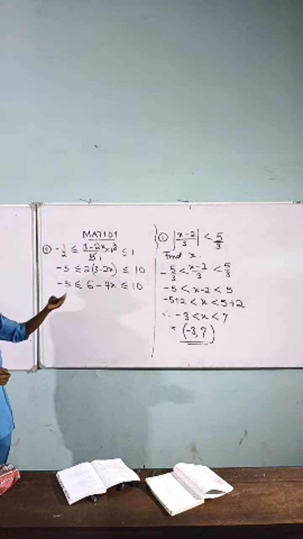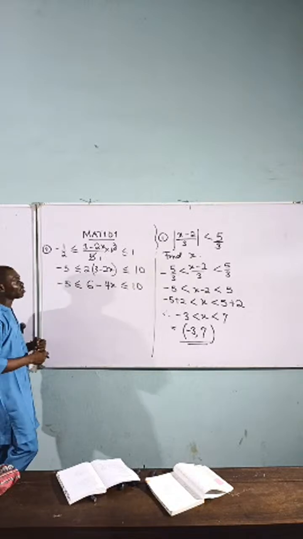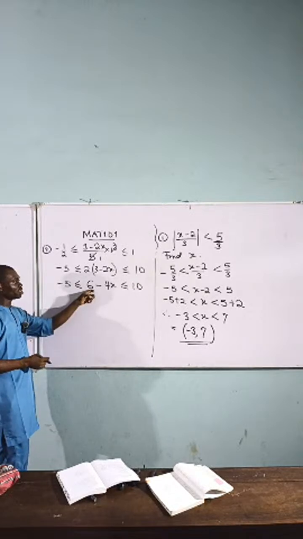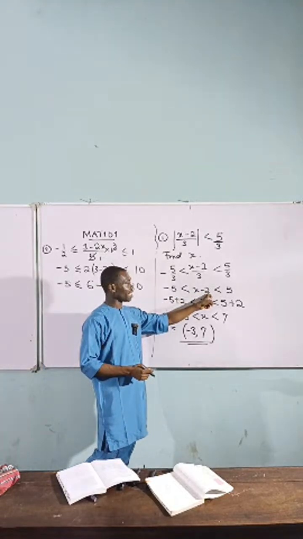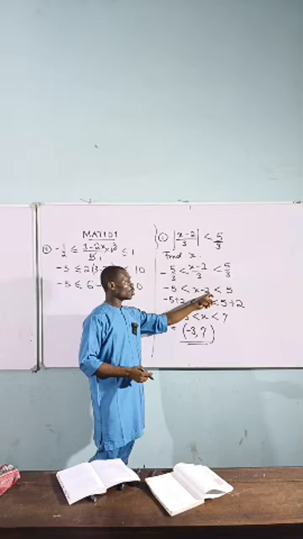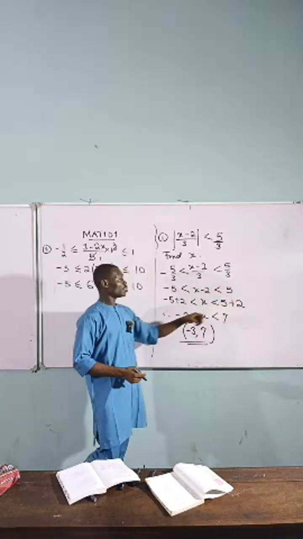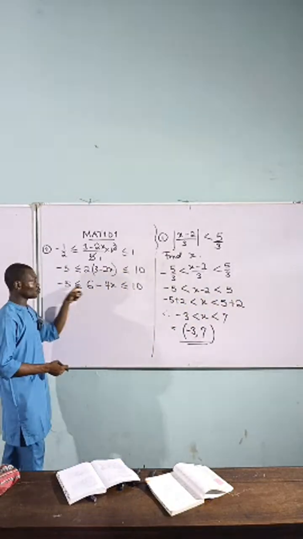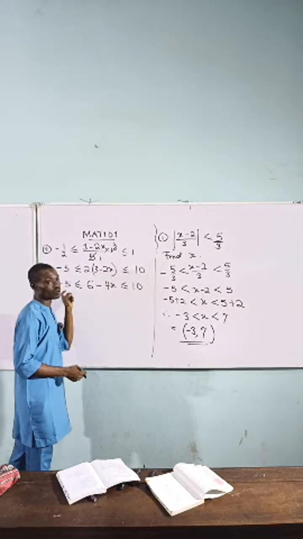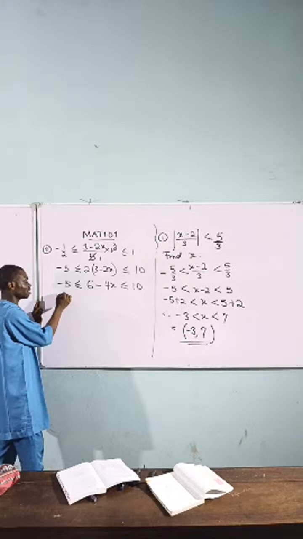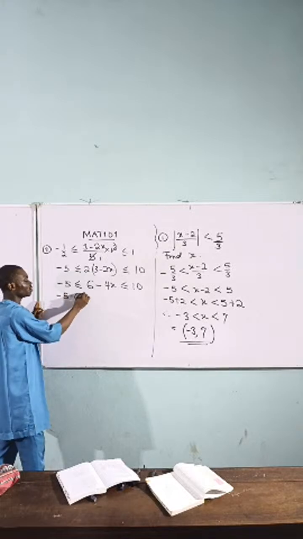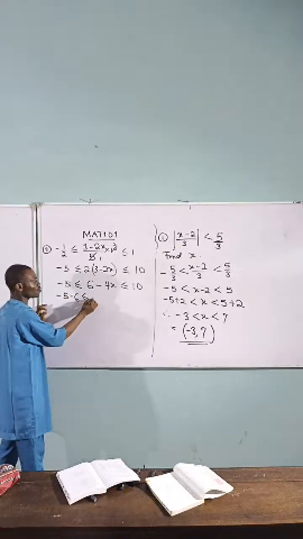At this point, you can now simplify by bringing, remember what I did before? When you are removing any addition or subtraction, you will take it to both sides. So you will take this to both sides of the inequality. If 6 comes over here, it will be minus 6. So you have minus 5 minus 6, still less than or equal to.